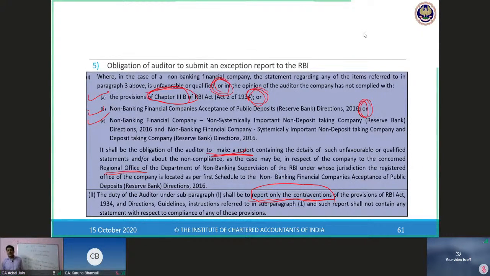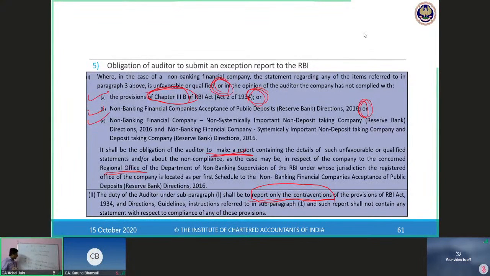It says the statement regarding any of the items captured in para number 3B above. So this was an item which got captured under para number 3. And let's suppose if that was unfavorable or qualified, then the reporting to RBI is required. That means option number C is also correct.